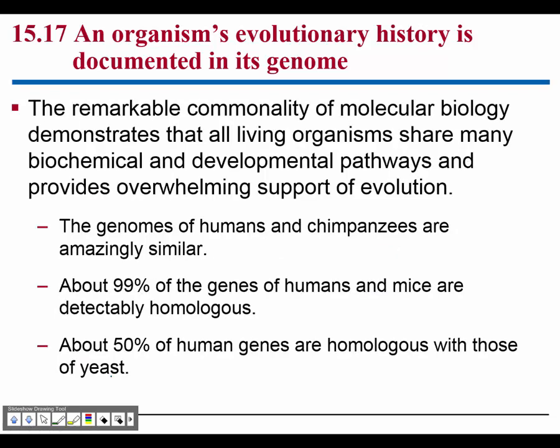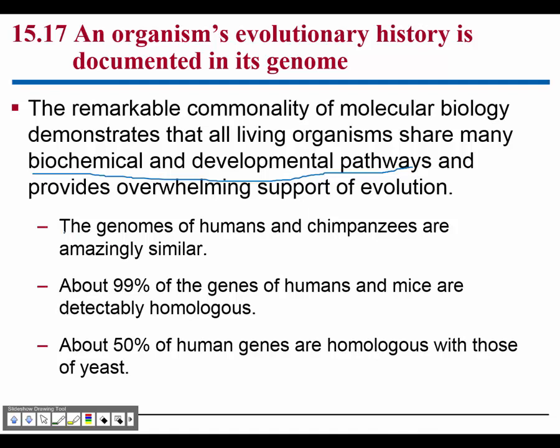So one of the very interesting commonalities of molecular biology demonstrates that all living organisms share biochemical and developmental pathways, and a huge support of evolution, because if we came from a common ancestor, we should have a lot of these commonalities. And we do see that. And the ones that are most similar should have the most commonalities, and the ones that are least similar should have the least number of commonalities, and we see that.